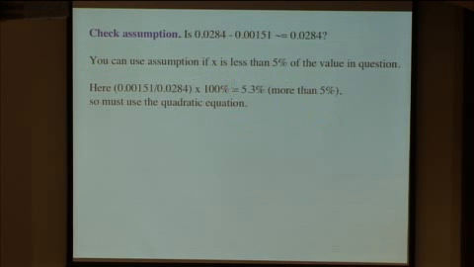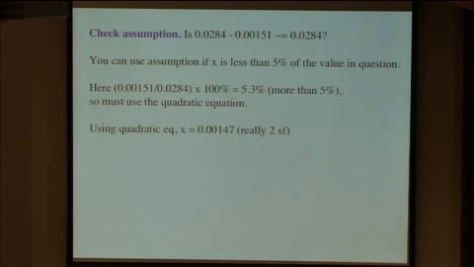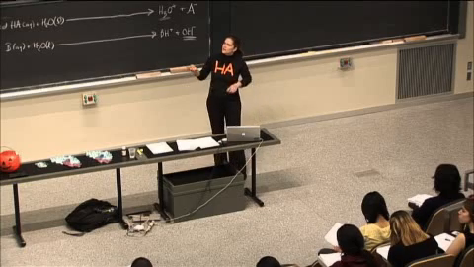It's 5.3. So that violates our policy. So it's more than 5%. So then you have to use the quadratic equation to solve the problem. I just want to note that this term, this percentage, can be called sometimes percent ionized or percent deprotonated, so that you're not thinking that's some kind of bizarre term if you see that.